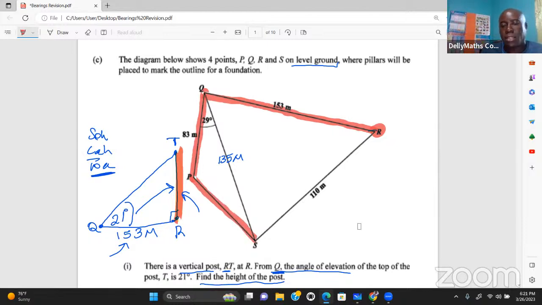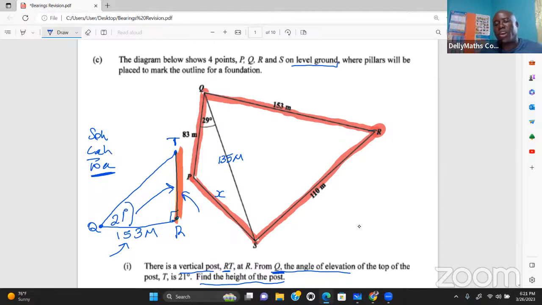I don't know that, but I definitely know from S to R. So we're actually marking out that foundation. We need to add those distances, but we have 3. So there is only 1 that is missing. We need to find this one, right? So it's our intention to find that.